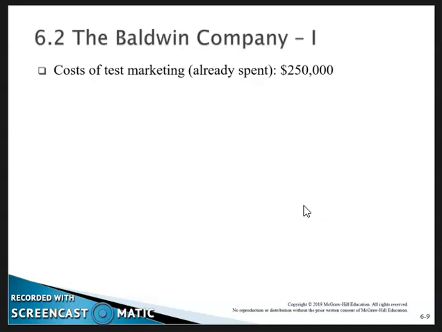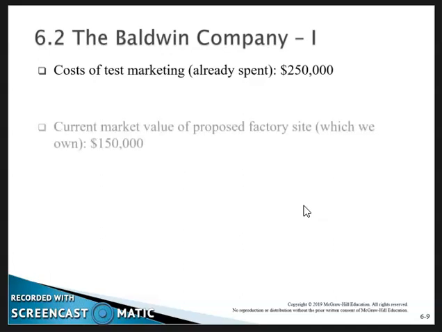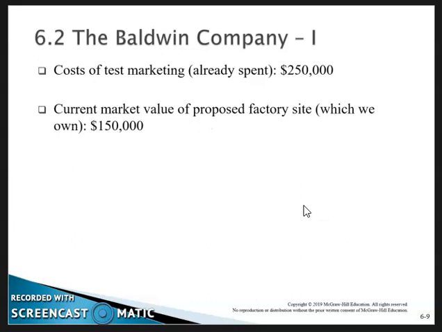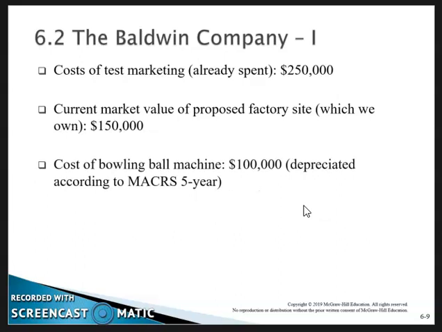They've already spent $250,000. That's a sunk cost. The current market value of the proposed factory site, which the company owns, is $150,000. That's an opportunity cost, so we have to incorporate that into our analysis.